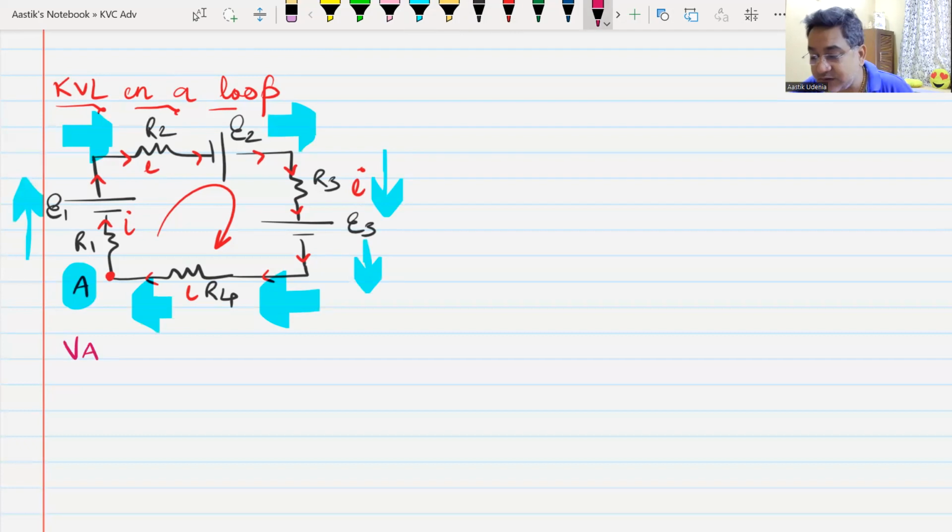The first thing that I will move across is what? R1. Will it be a rise of potential or drop of potential? Drop, sir. How much is the drop? I R1. Minus I into R1.